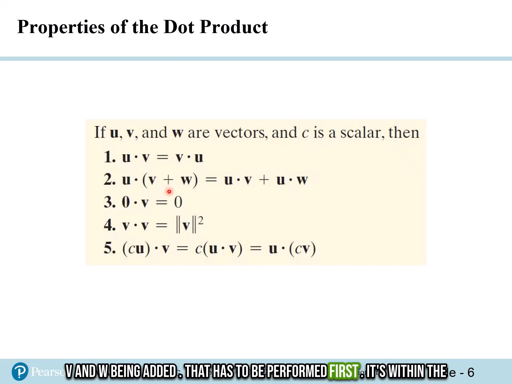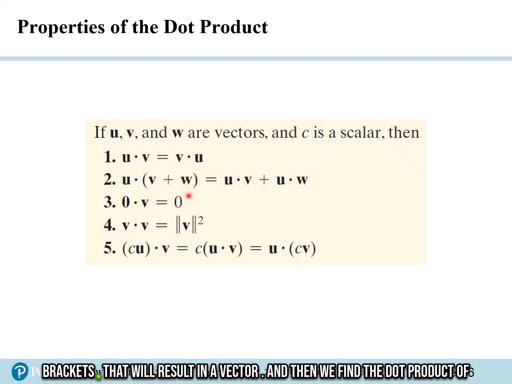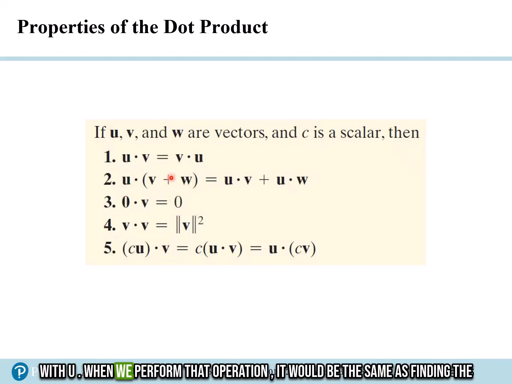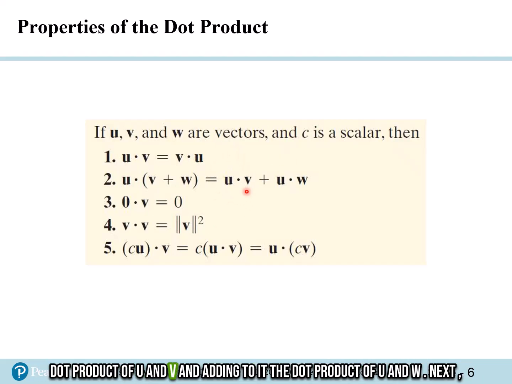That has to be performed first. It's within the brackets. That will result in a vector. And then we find the dot product of the resulting vector with U. When we perform that operation, it would be the same as finding the dot product of U and V and adding to it the dot product of U and W.